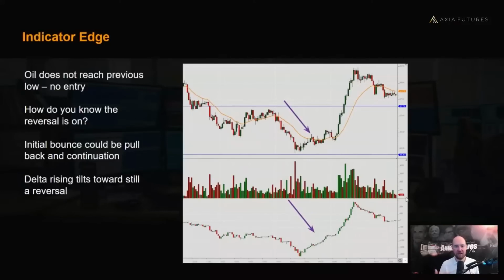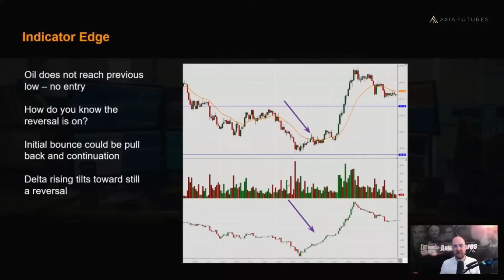At the point where I've got that purple arrow pointing to the chart, this could be a pullback. We pull back to the recent low at around about 66.40, and then we continue on. This could be a flag, and you can look at that down, flag, continuation. So it could be a continuation. It could be a reversal. Ultimately, that's what you're planning for. So you already know what you want to do.